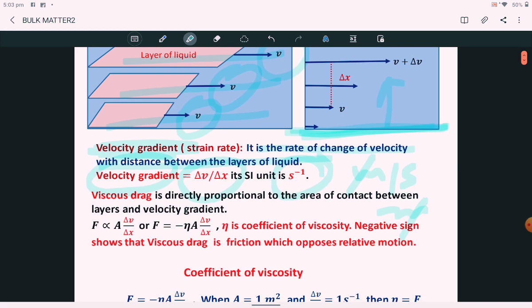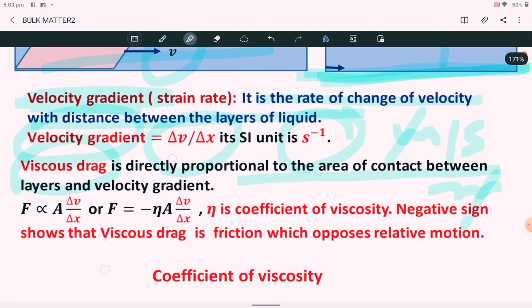Okay, now we are going to study about the friction force, how to measure this friction force. This friction force is better known as viscous drag, and it is directly proportional to the area of contact between the layers and the velocity gradients. So just here see that F is proportional to A, and F is also proportional to dv by dx.